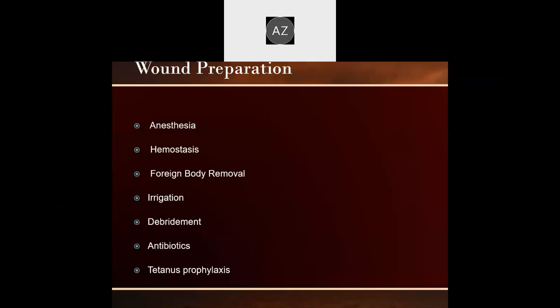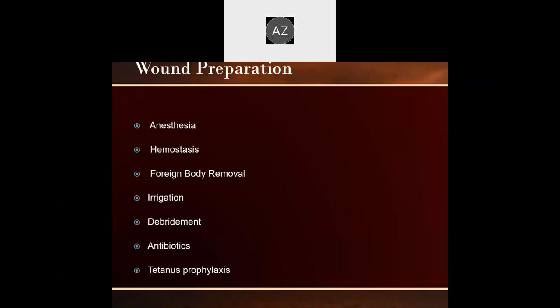You need to anesthetize the patient first. Then you need to achieve hemostasis. Then you need to remove any foreign body, then irrigate properly and clean it with normal saline.